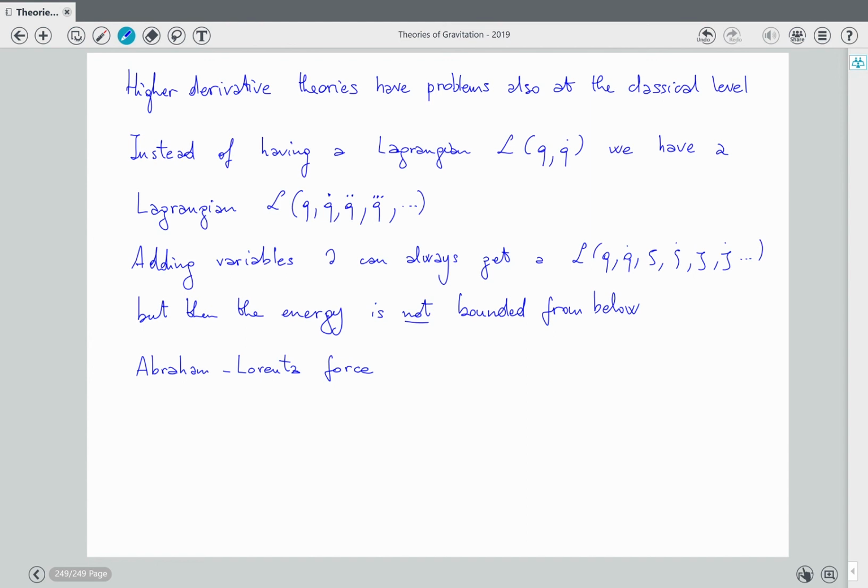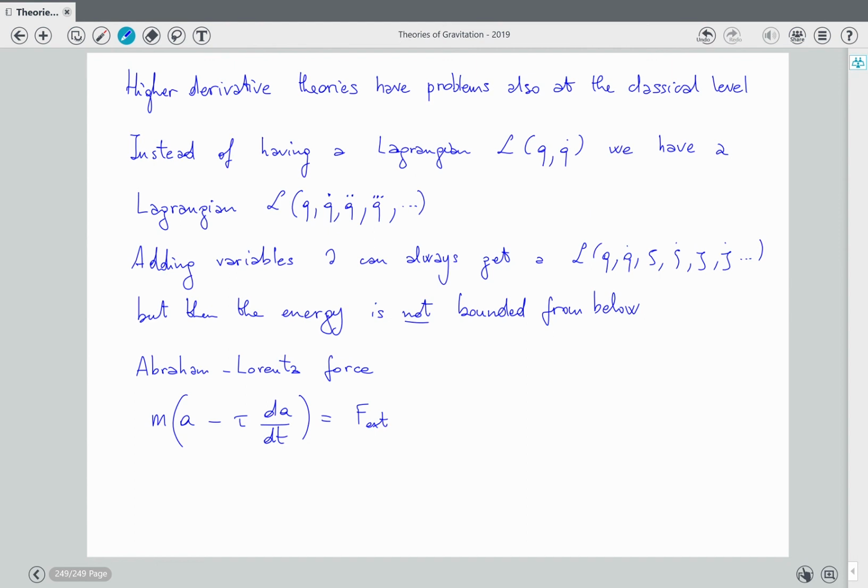It can be described by an equation which has higher derivatives, which is not F equal ma, but ma minus some term that contains the derivative of the acceleration equals the external force. This is an effective equation, but it doesn't matter here. It cannot even be derived by Lagrangian because it's a sort of friction. But what matters is the argument we are making. So let's assume we have something of this type.